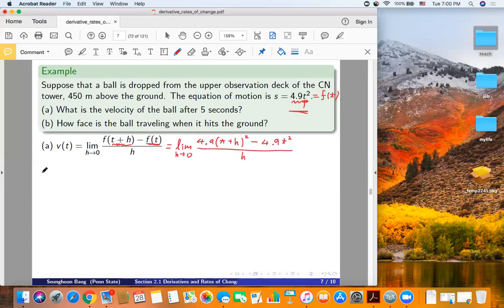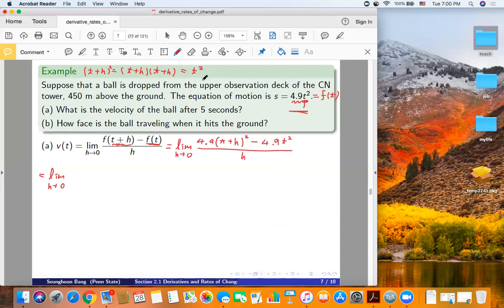over h. The next step, calculate the limit as h approaches 0 of 4.9 times t plus h squared. Here, t plus h squared is t plus h times t plus h. You can use the FOIL rule. First, t times t is t squared.